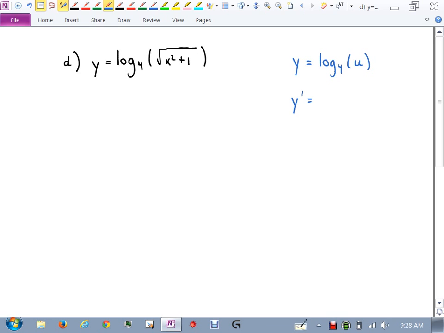See it on there? One over x natural log a. Should be on the derivative formulas.